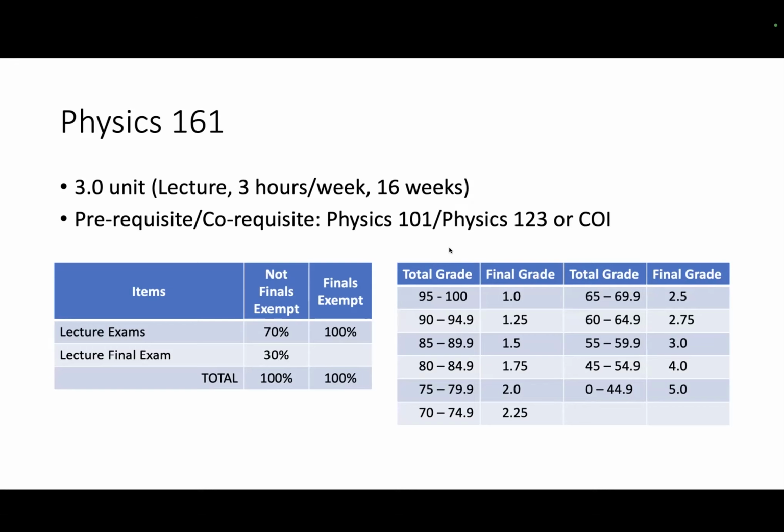If hindi kayo exempted, yung lecture exams will be 70% and yung final exam will be 30%. Okay. Then yung transmutation table for your grades is here. It's the same transmutation table that I've been using. So lahat naman kayo ay naging estudyante ko na before, and this should be somewhat familiar sa inyo.